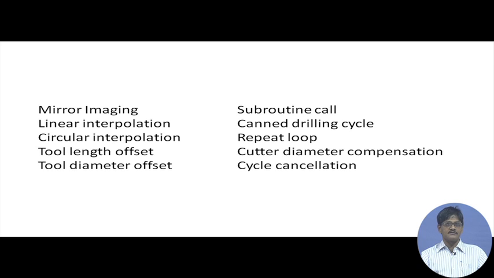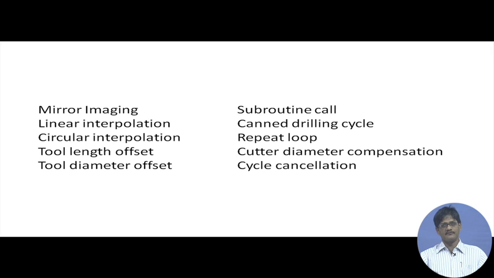Canned drilling cycles: we sometimes put a number of items in a can, say food items, sweetmeats you put in a can, and that becomes a single unit. In the same manner, you can have all the operations required for drilling put in a single cluster, and you can refer to that particular cluster of operations just by a single G code. So, your effort at writing lines of program commands is reduced.